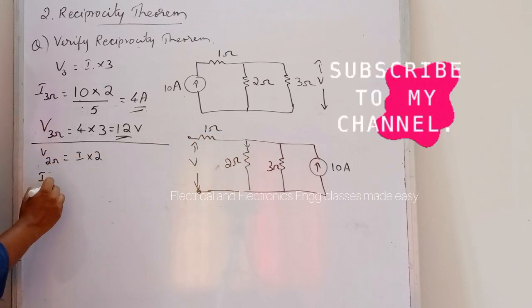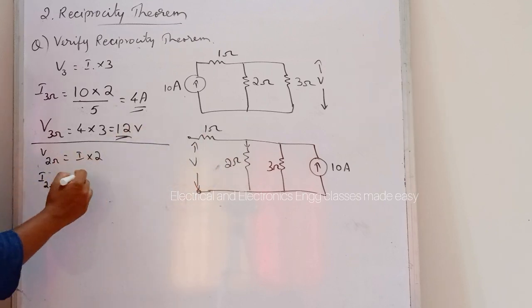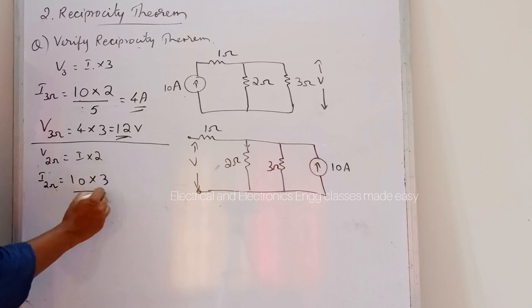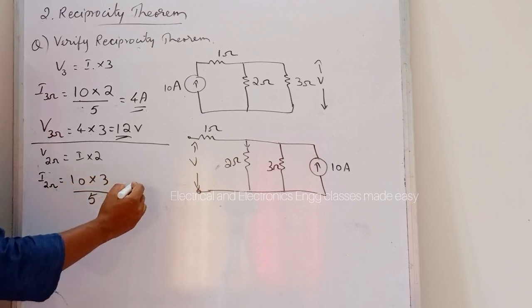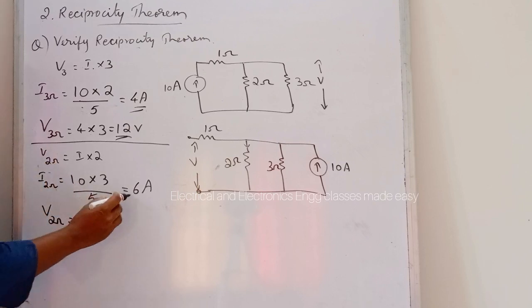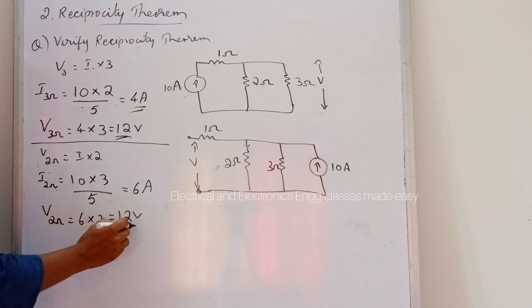Current through the 2 ohm resistor is, here again we can use the current division rule, that is total current into resistance through the other branch divided by total resistance 2 plus 3, that is 5, equal to, here we will get 6 ampere. Then we can find the value of voltage, that is voltage across the 2 ohm resistor is equal to 6 into 2, that is equal to 12 volt.